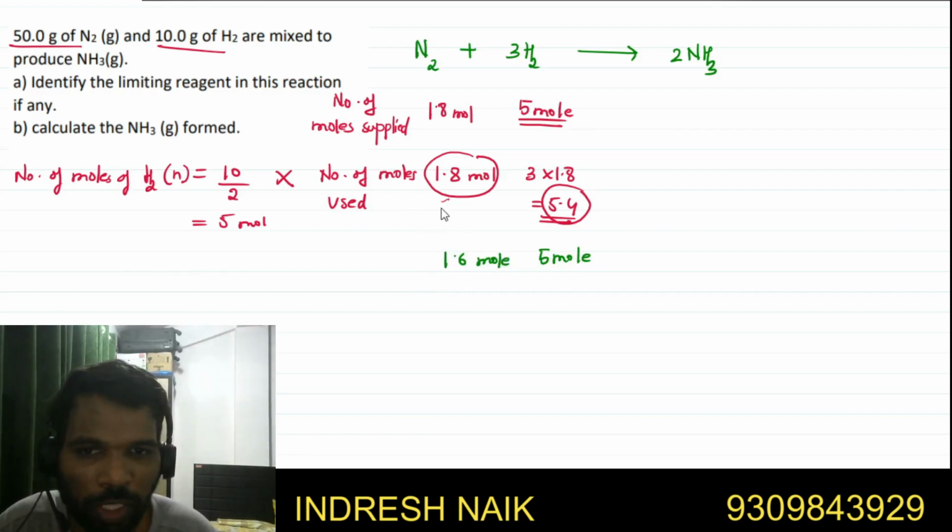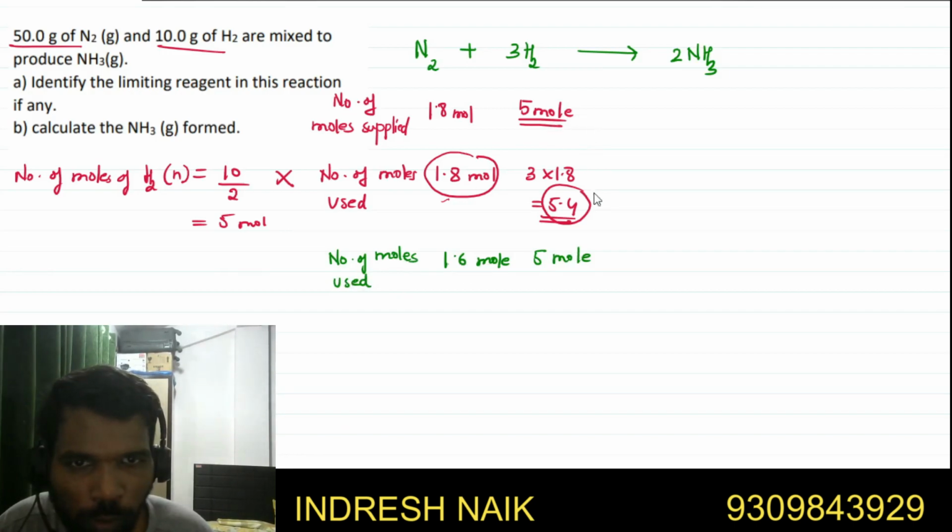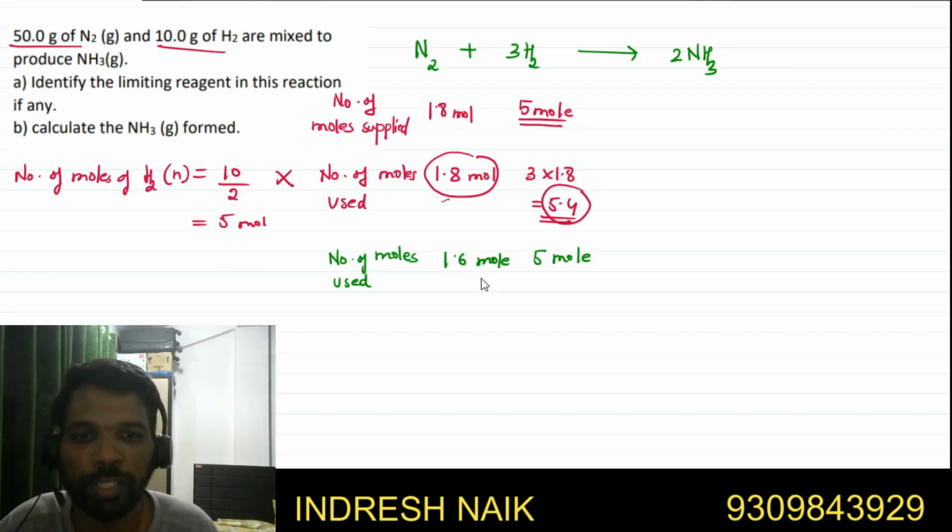Understand this. How is this 1.6 coming to me? If you are considering this to be 5 mole, out of 1.8 you will be using just 1.6. So for the number of moles used, that is 5, the full number of moles you are using, and here out of 1.8 you can just use 1.6 mole, because the number of moles of N2 is one third of 5 mole.